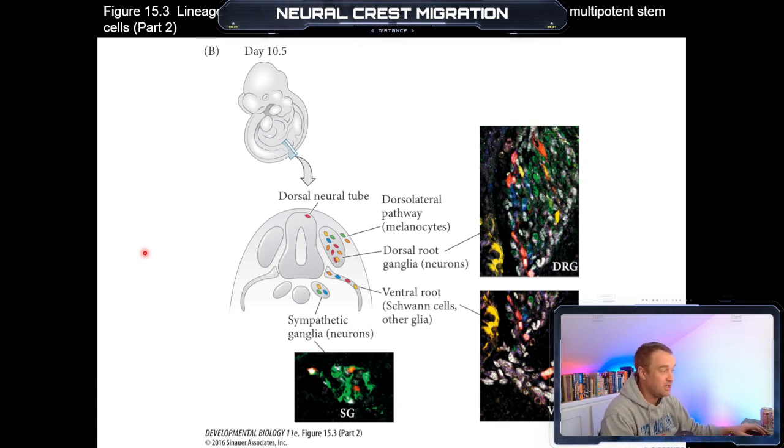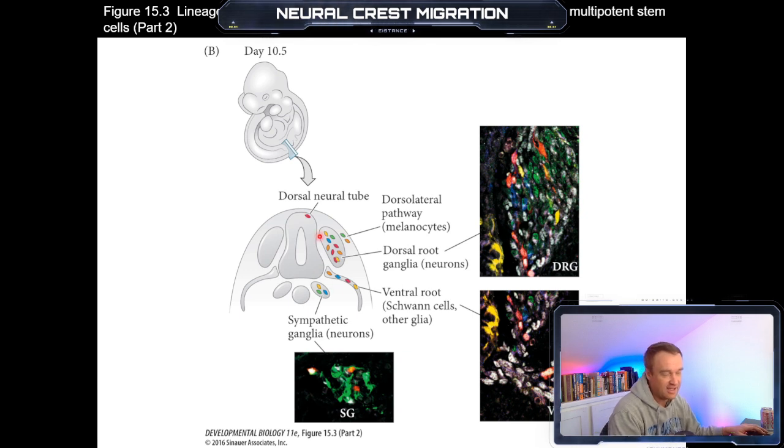In the dorsal root ganglia, part of the Schwann cell population, and the sympathetic ganglia, so that's these ones, migrated to. So you can see these dorsal neural tubes.